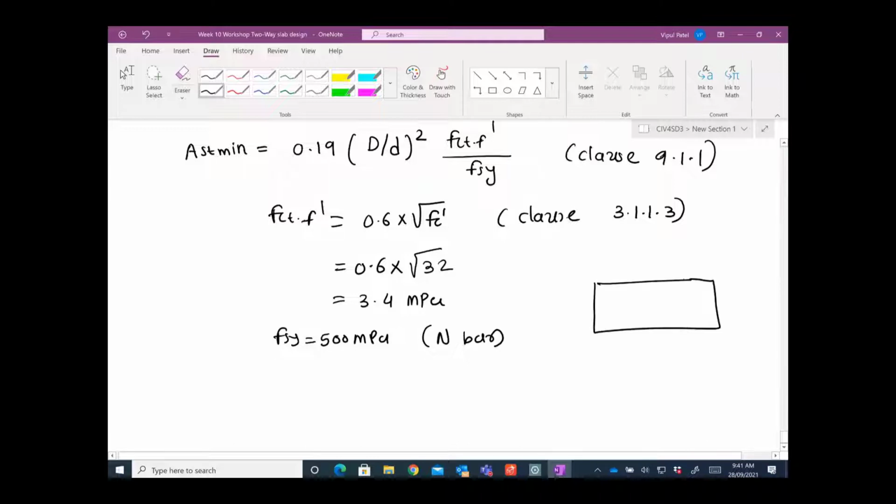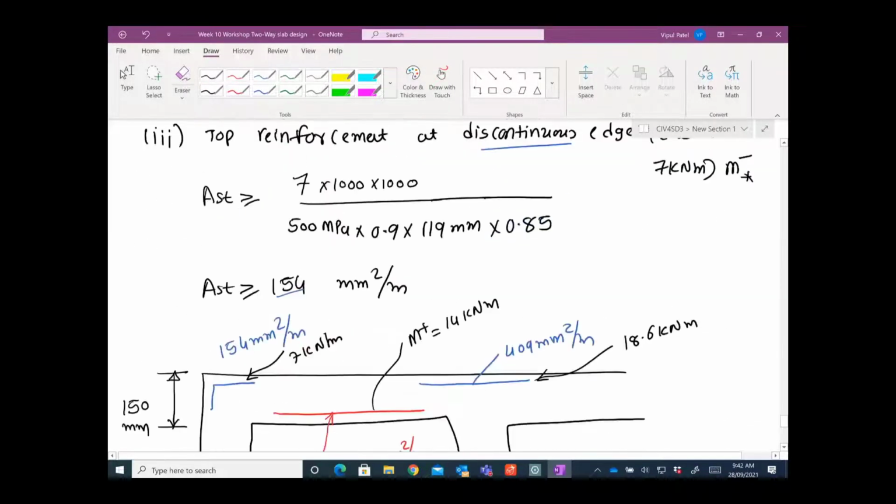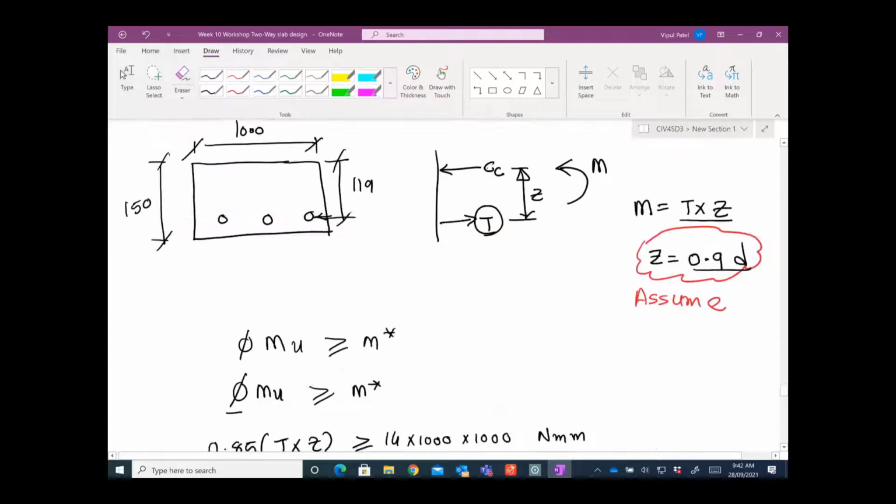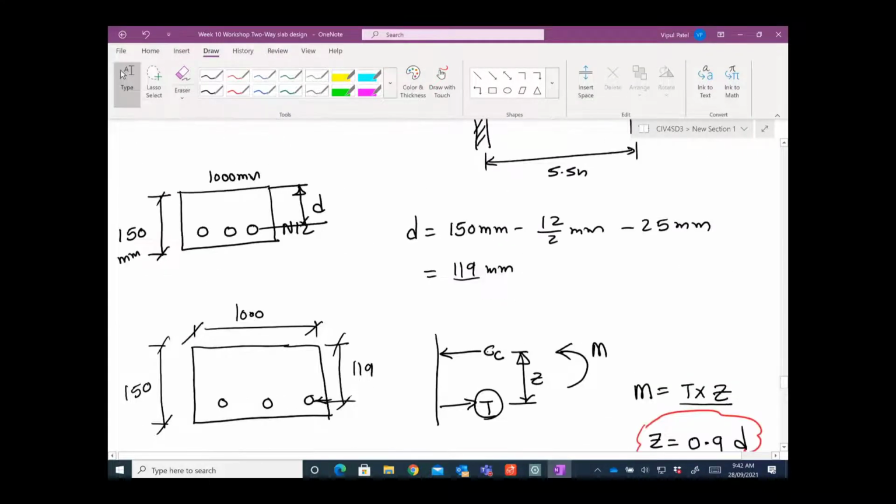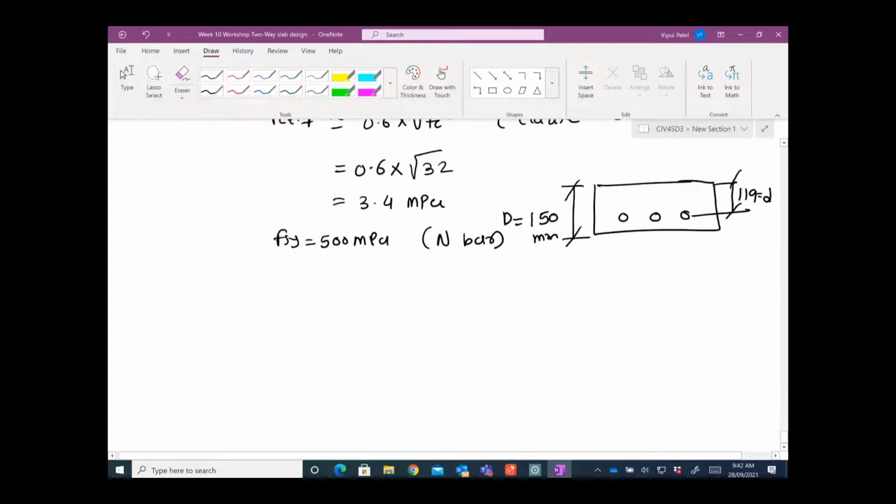Capital D is 150, which is the slab thickness, and with N12 bars we have calculated 119, which is your small d. This is capital D, and I think I pointed out where the small d is. We calculated that here: small d is 119, just from the top of the slab to the rho.